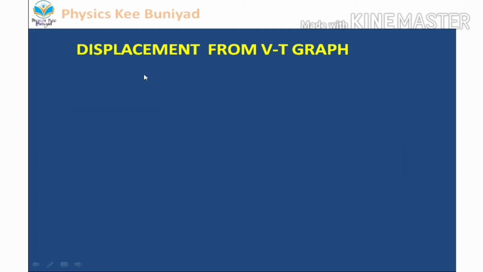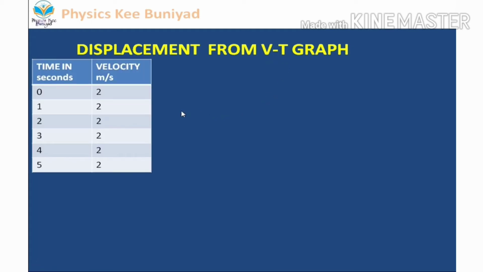Before going to that, we must understand how to calculate displacement from a velocity-time graph. Vt means velocity-time graph. Let us take an example. Here I show time with respect to velocity.